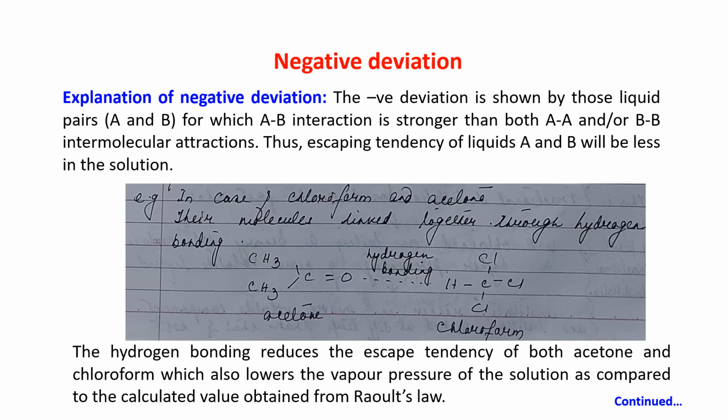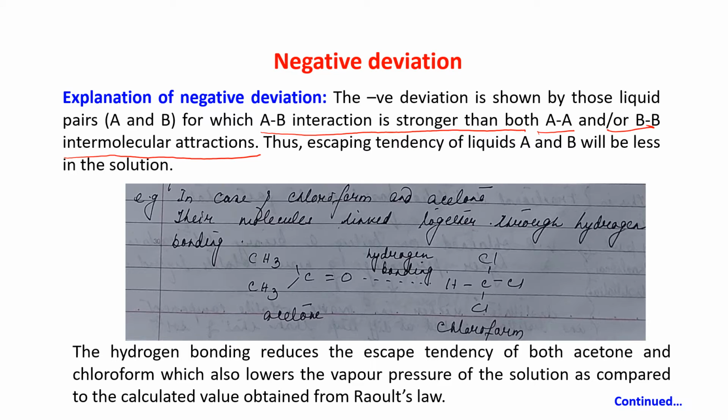Explanation of negative deviation. The negative deviation is shown by those liquid pairs A and B, where A and B are the components of the liquid forming the solution, for which AB interaction is stronger than both AA or BB intermolecular attractions.